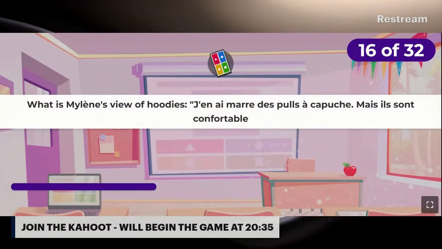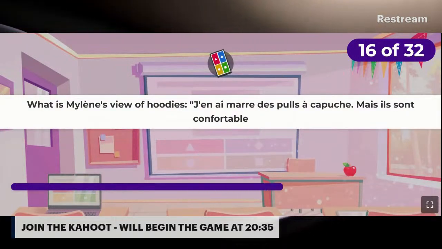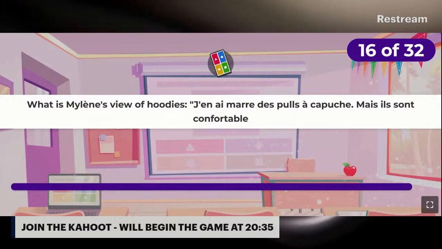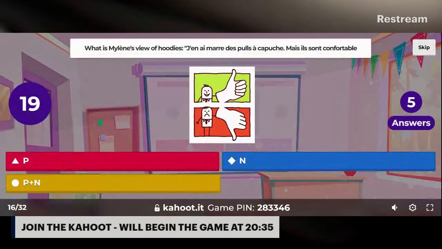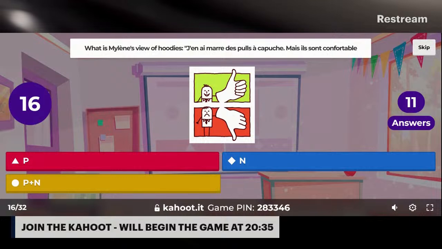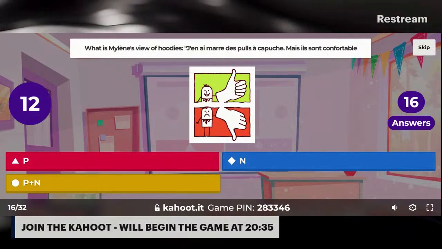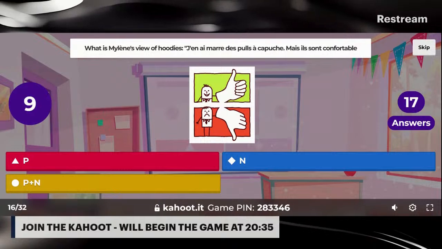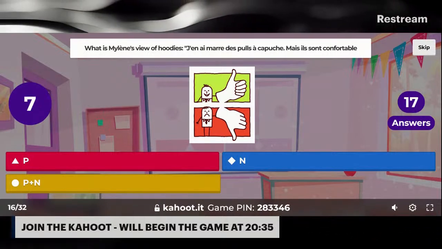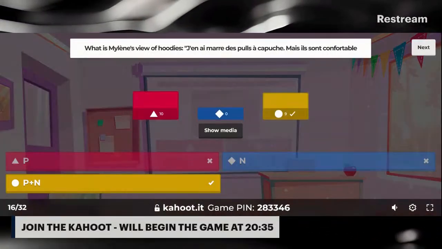What is Mylene's view on hoodies? J'en ai marre de plus la capuche, mais ils sont confortables. Is it positive, negative, or positive and negative? Put it in the chat if you're not on the Kahoot, or put your answers as quick as possible.